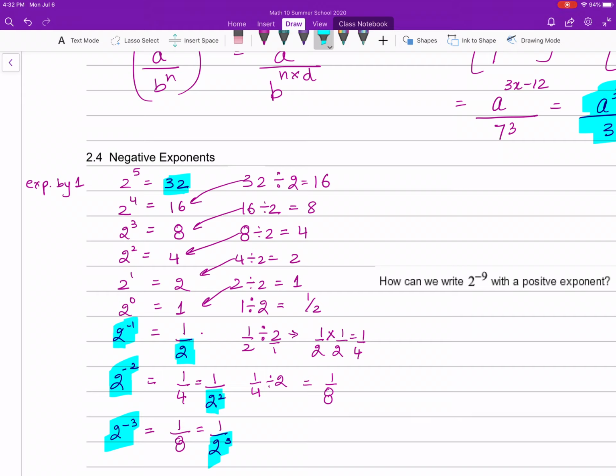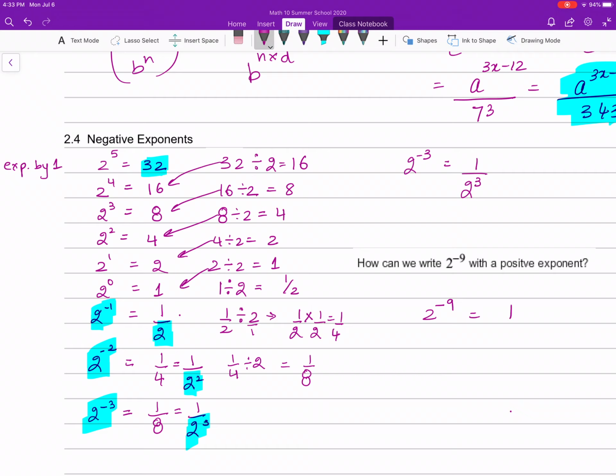So what's happening is, whenever we have a negative exponent, for example 2 to the power minus 3, in order to make it positive, we bring that in the denominator. So 1 over 2 to the power 3, it becomes positive. So how can we write 2 to the power negative 9 as a positive exponent? We bring it in the denominator, 1 over 2 to the power 9.